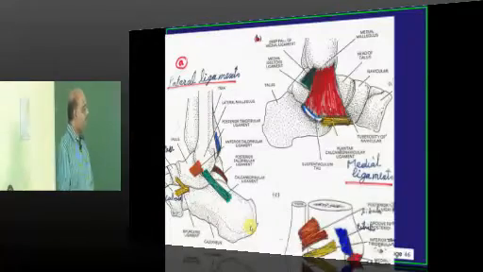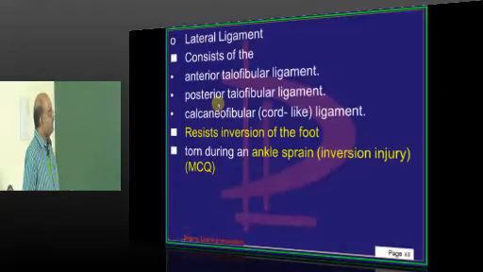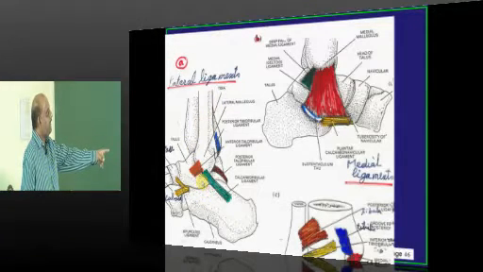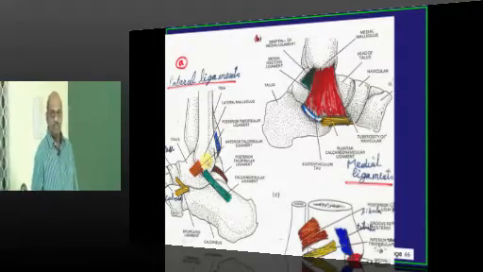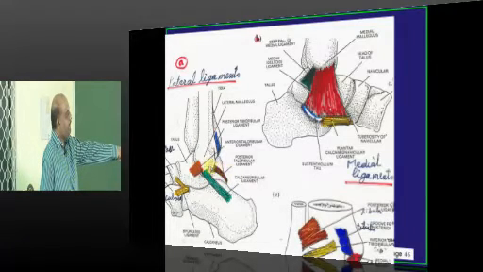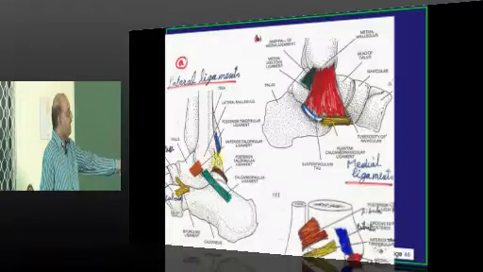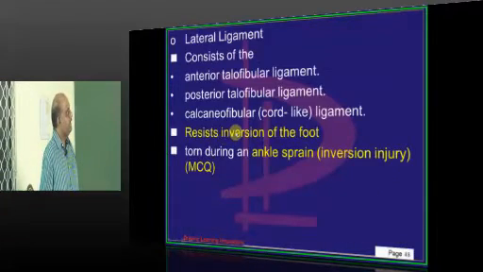Then what about the lateral ligaments? What are the various lateral ligaments that we have? There is the anterior talofibular ligament between the fibula and the talus. Then there is the posterior talofibular ligament between the talus and the fibula. Then there is a cord-like calcaneofibular ligament, another important ligament.